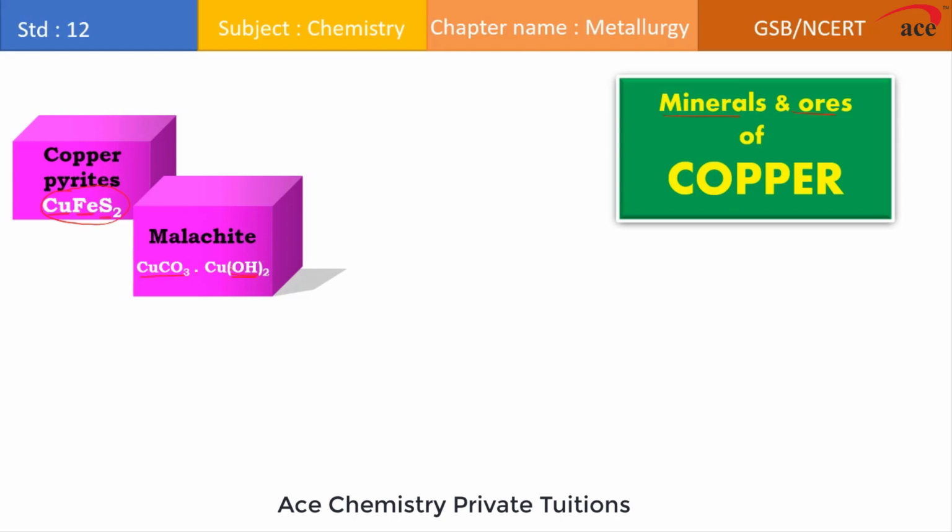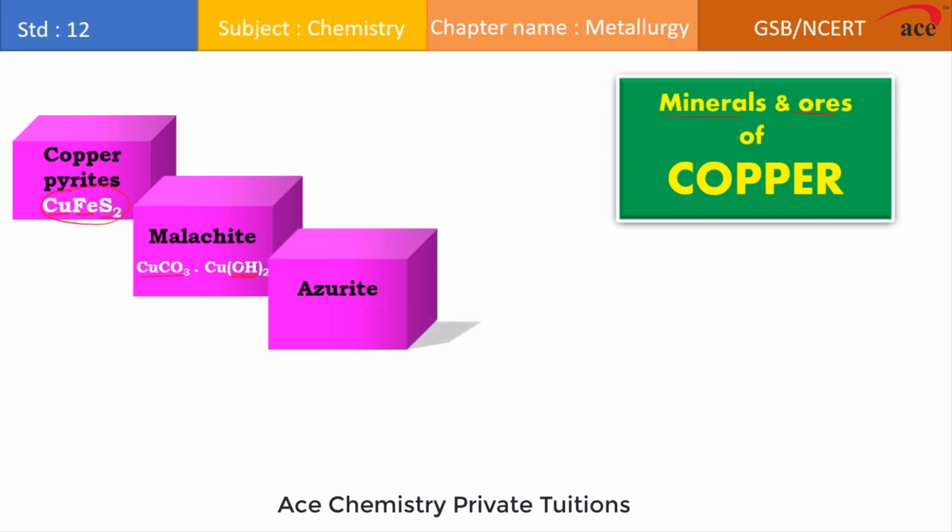So it is also called basic copper carbonate. Azurite, if you check the formula, again it is basic copper carbonate, but there is a change in the composition. Malachite is CuCO3.Cu(OH)2, and azurite is 2CuCO3.Cu(OH)2. Very similar formula, but it contains 2 moles of CuCO3.